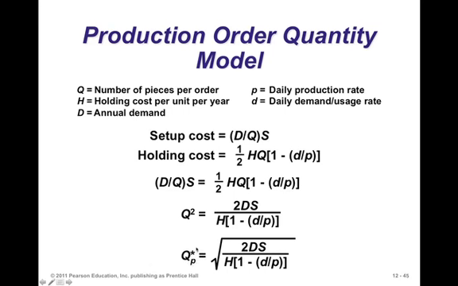If you use the same parameters for EOQ in this model, we'll actually get a higher order quantity. And the reason for that is that your effective inventory level is not Q anymore. It's really the difference between what you would have produced, Q, but remember you're using some of that at the same time.